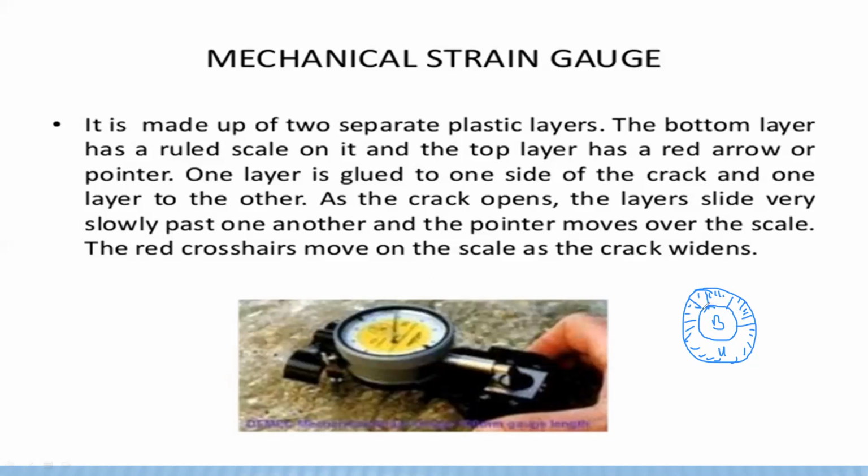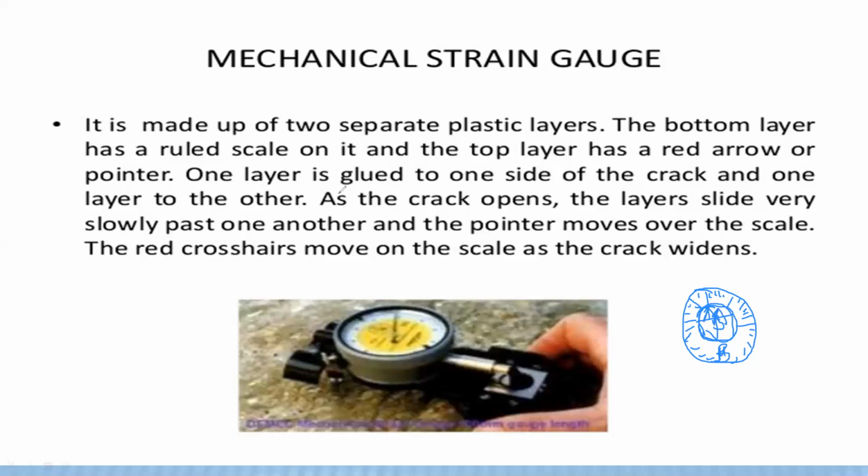You can see this small circle, that is the top layer. So this is the bottom layer, and this is the top layer. In this top layer, a red indication arrow or pointer is placed.